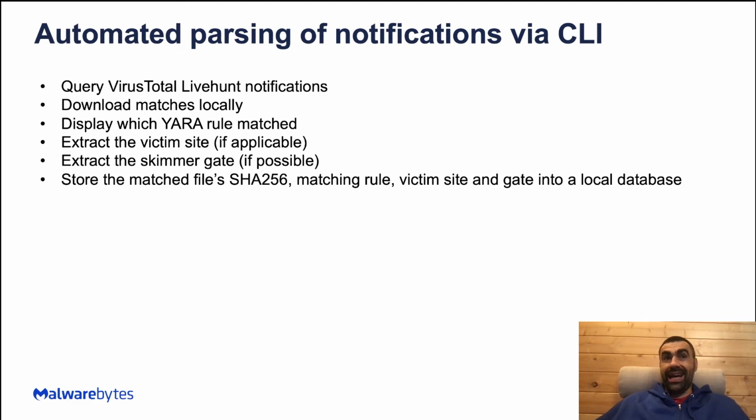The problem is the hash will change. So they'll upload the same JavaScript or HTML, but it's a slightly different hash. So it's a new file and it's a new notification, but it's essentially the same site or the same skimmer. And you're not really interested in that.